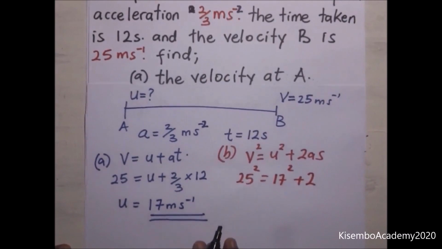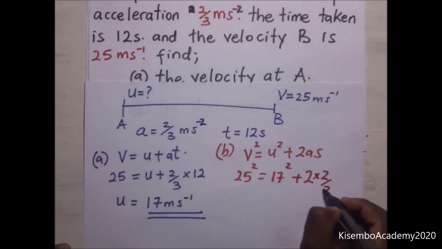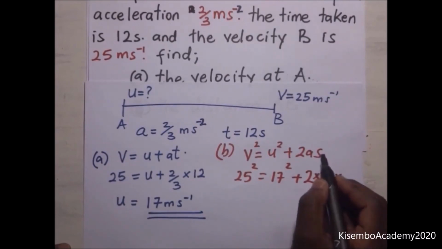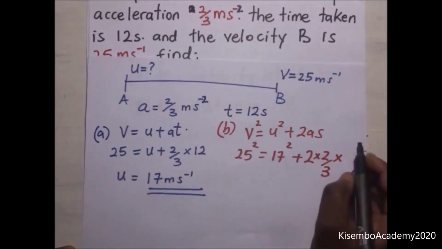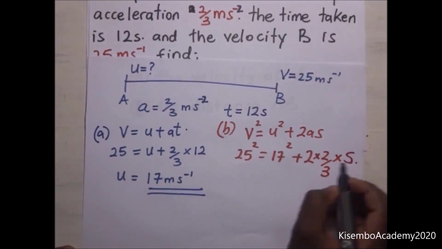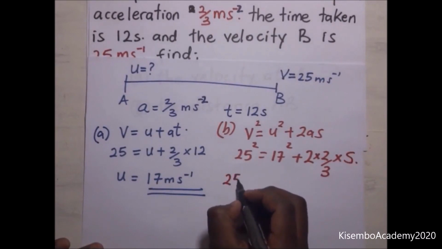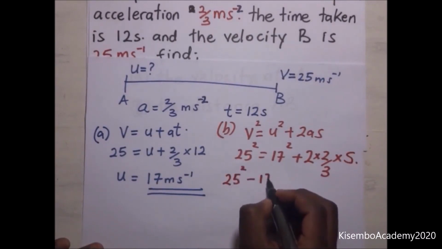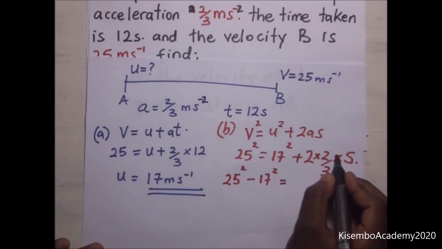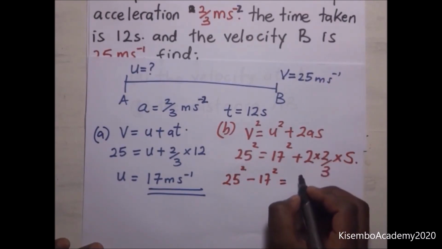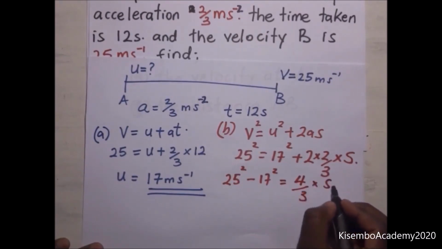We have our acceleration as 2/3, so times 2/3 times the distance. It is the distance we are looking for, the distance of AB, so we shall leave it as s. When we make s the subject of the formula, this is going to end up with 25 squared minus 17 squared. We have shifted that 17 to come this way, and it is going to be equal to, here we remain with 2 times 2/3, which is 4/3 times s.